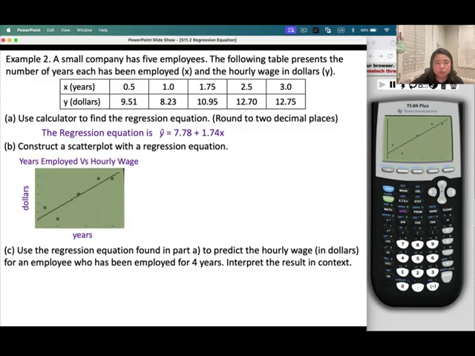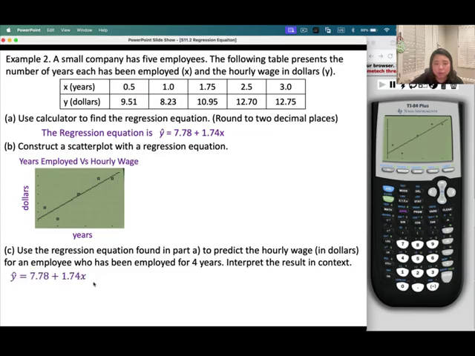Now, part C. Use the regression equation found in Part A to predict the hourly wage in dollars for an employee who has been employed for 4 years. Interpret the result in context. So now we're gonna plug in x equal to 4. Find out what is your predicted value of y.